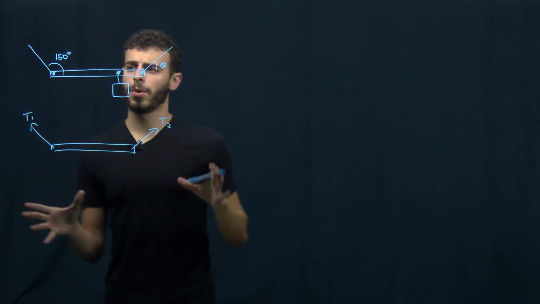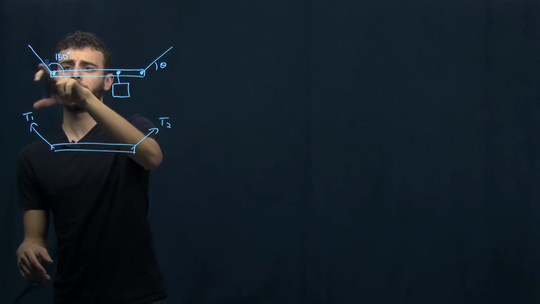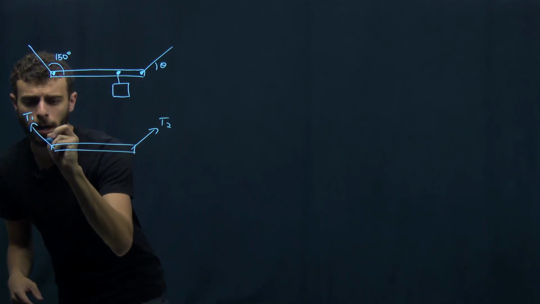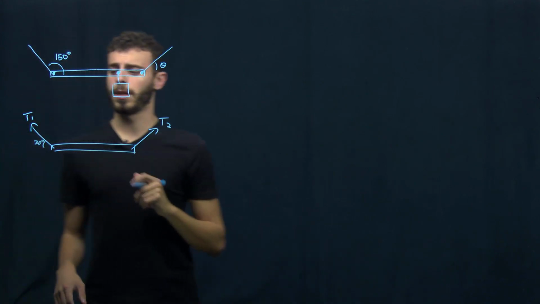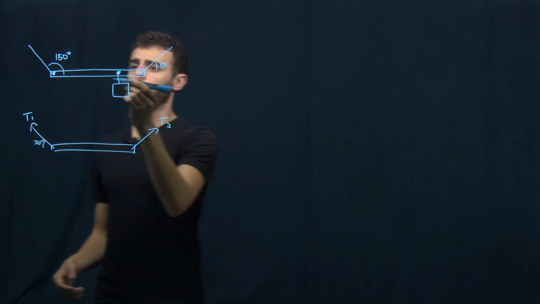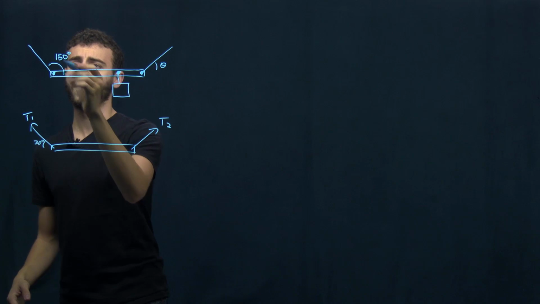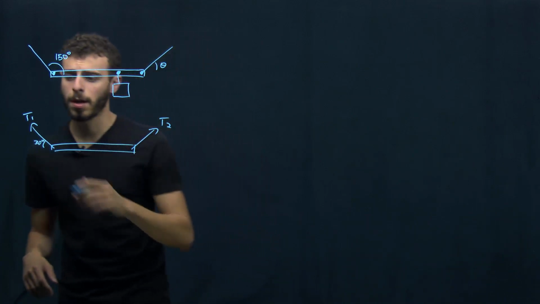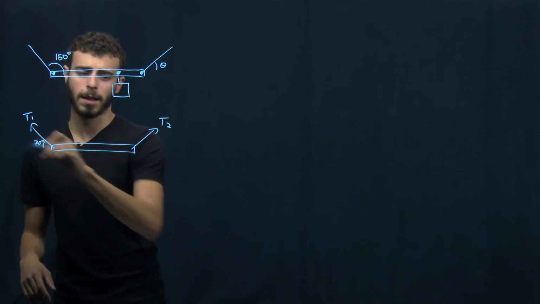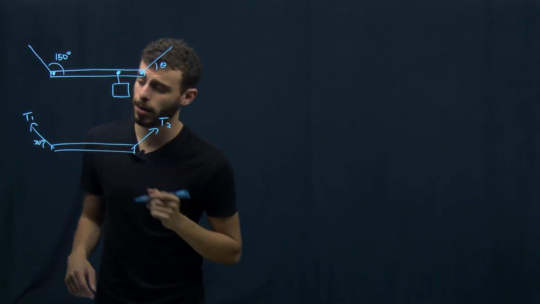We now can also look at our angles. We're given that this angle here is 150. I am in fact going to rewrite this angle right here as 30 degrees. That's just to say we know that this is flat right here, so 150 plus 30 is going to give us 180. This will come in handy when we want to look at this triangle as well as this triangle.